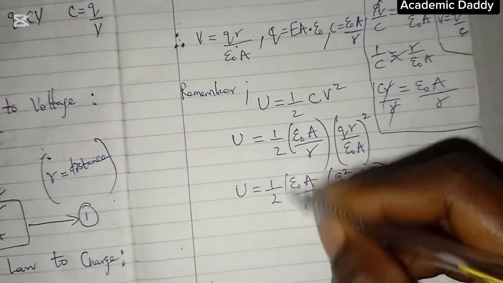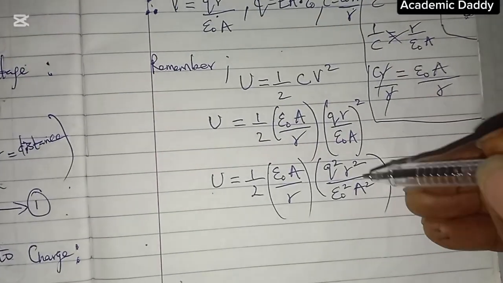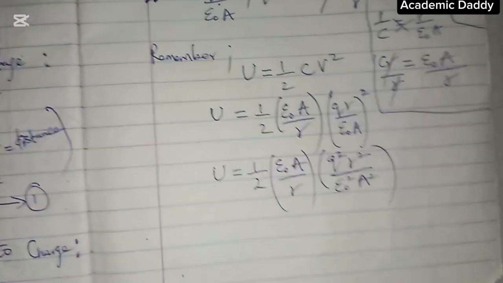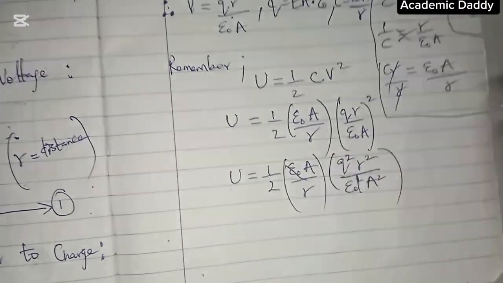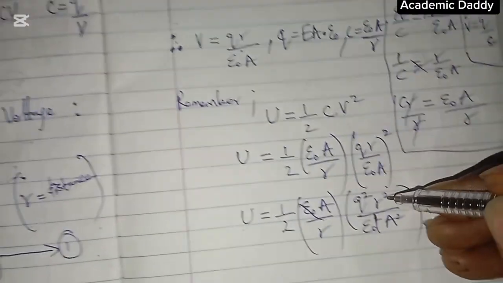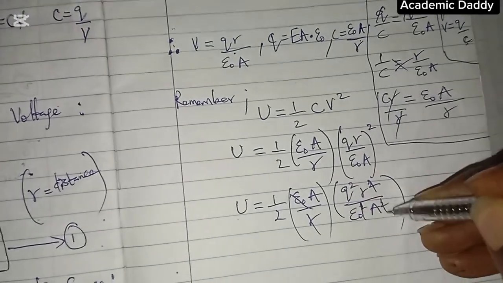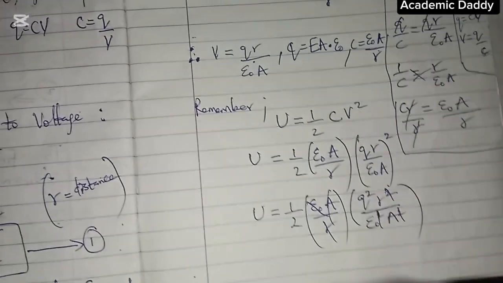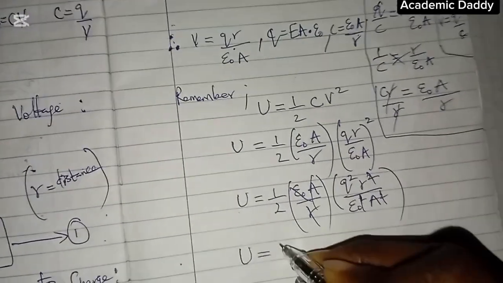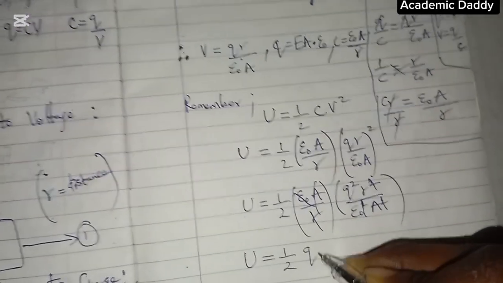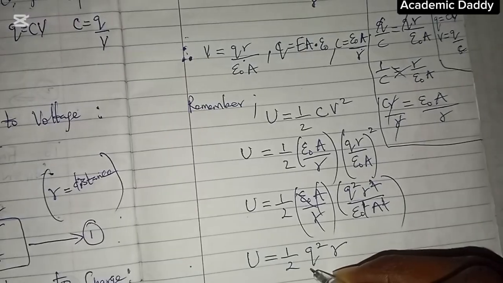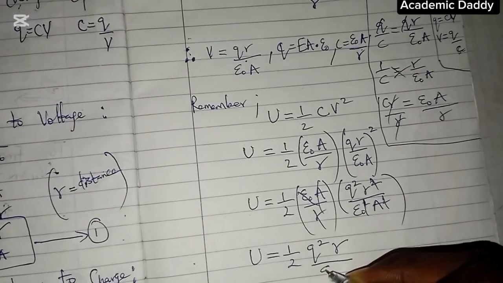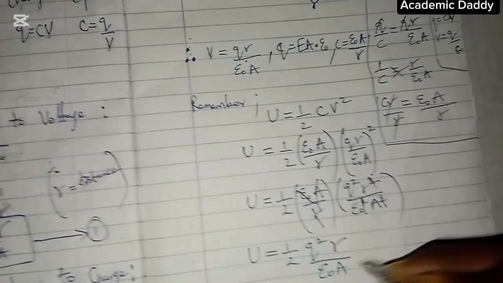If you want to carry this out and multiply, this will cancel this, this will cancel this, and this will cancel this. So we now have that U is equal to half Q squared R all over ε₀A.